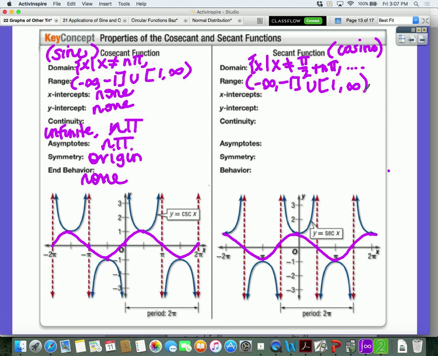Just like with cosecant, you have no x-intercepts, but you do have a y-intercept here: 0, 1. It's discontinuous, with infinite discontinuity.